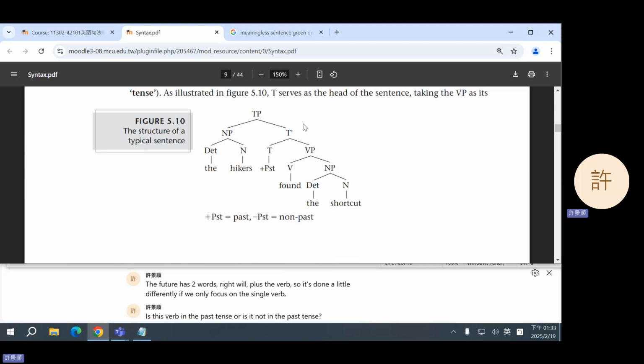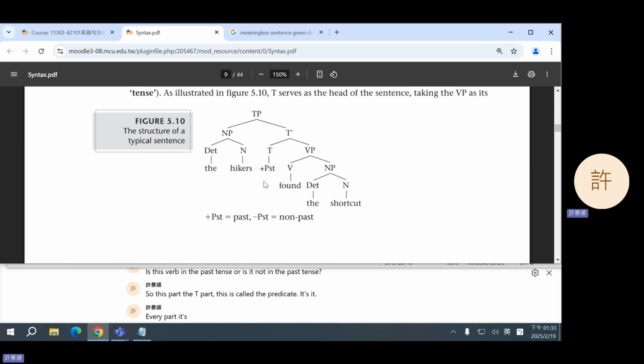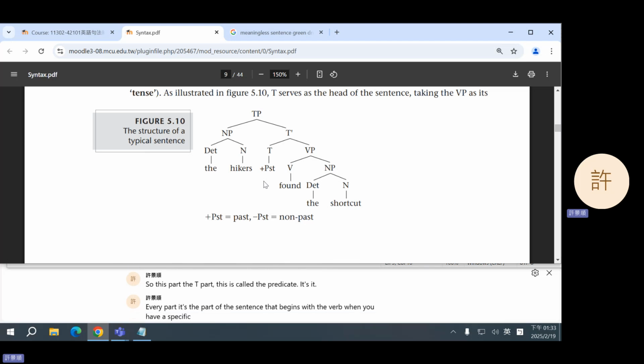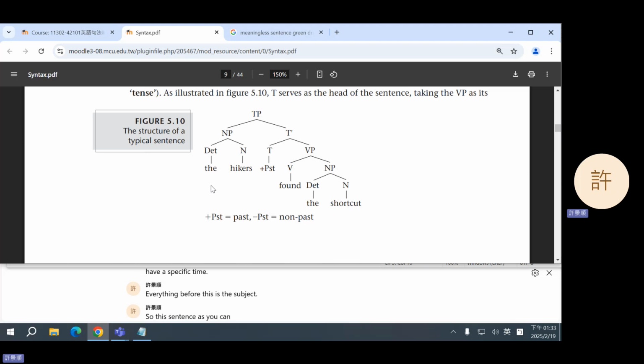So this part, the T part, this is called the predicate. It's the part of the sentence that begins with the verb when you have a specific time. Everything before this is the subject. So this sentence, as you can see, is the hikers found the shortcut in the past.